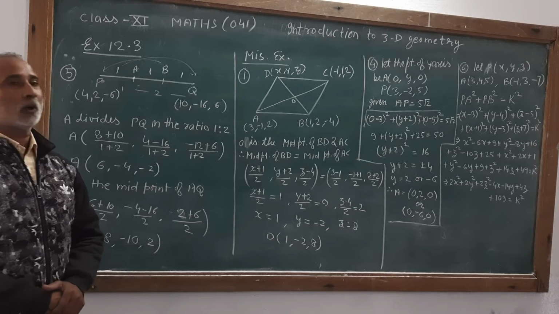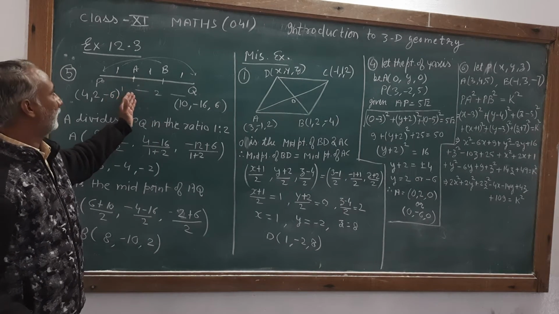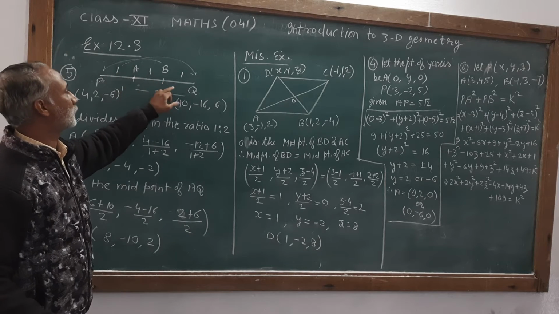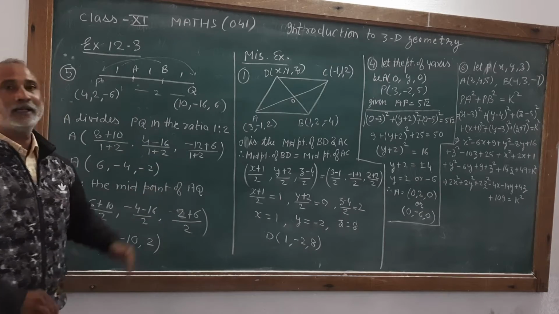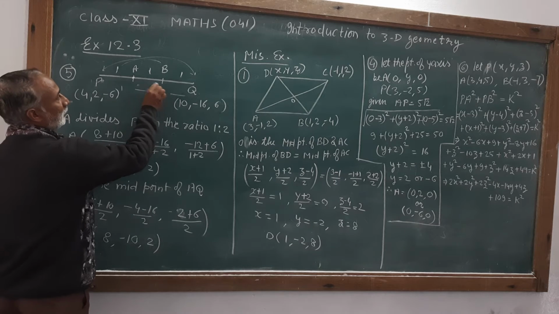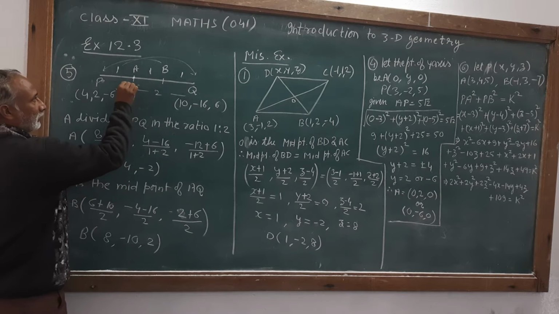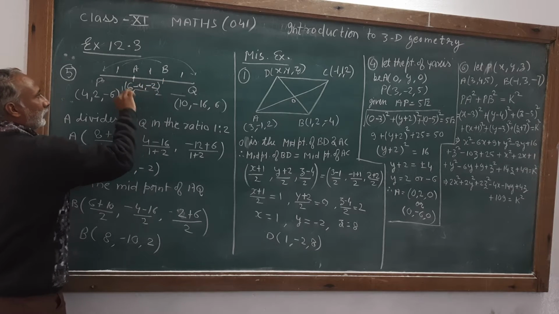Now we have to find the coordinate of B. Let me change the ratio. One method is this: B divides PQ in the ratio 2:1, and by using the section formula we can find the coordinate. But here I am using another way. B is the midpoint of A and Q. The coordinate of A we already know, 6, minus 4 and minus 2.